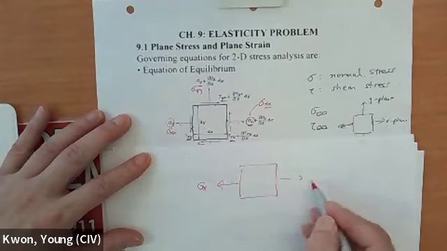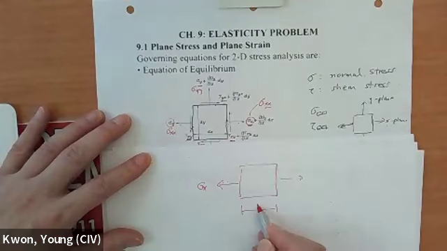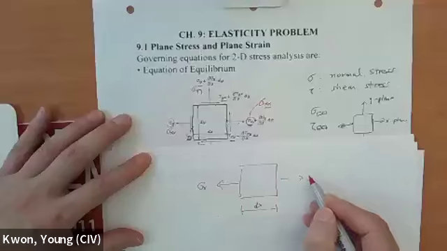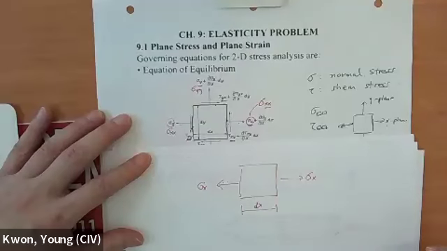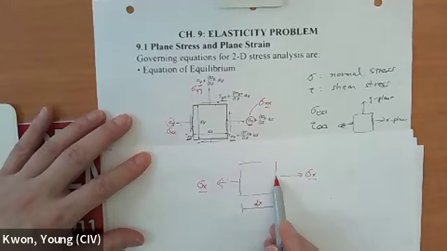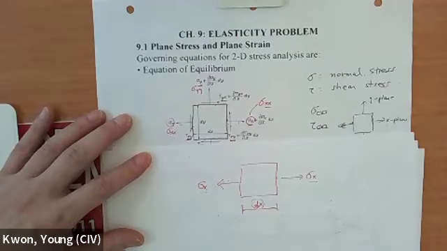Then here, this is delta x, dx. The stress here is not going to be sigma x, right? Because this point and that point are separated by dx. So what is the component here?